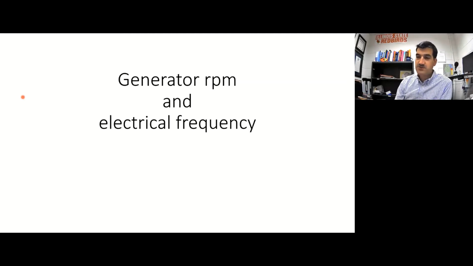So it's not too difficult to make a generator spin 3,600 RPM if you're driving that generator with a steam turbine. If you're trying to drive that generator with something else, say a wind turbine or a hydroelectric turbine, then it's desirable not to have to spin that generator so fast. But let me not get ahead of myself too much here.